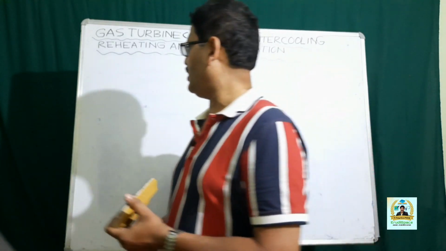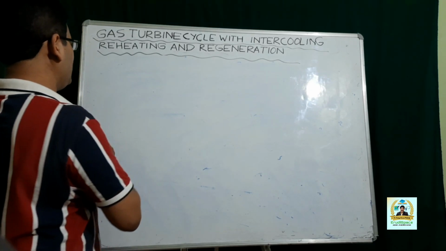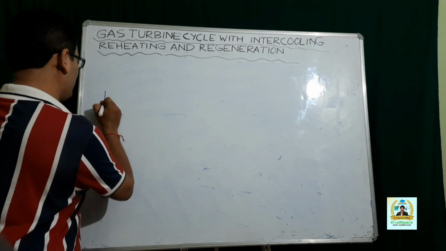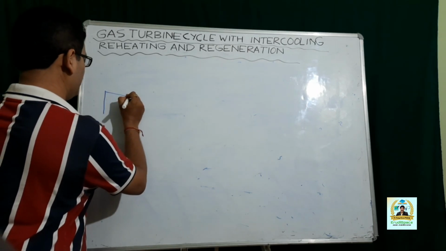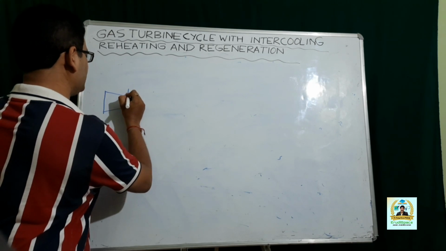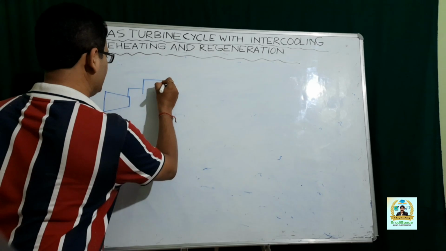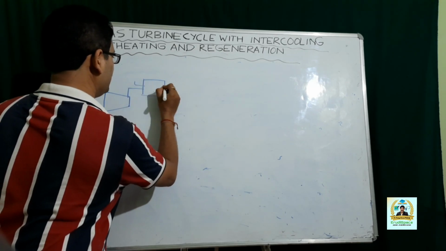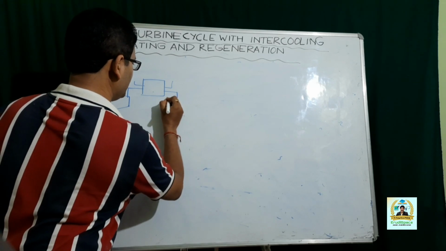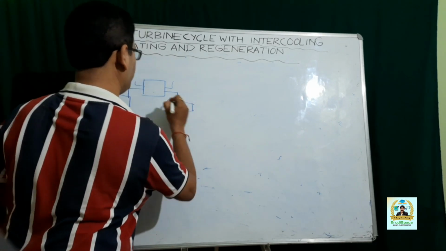So let me first draw the schematic diagram of the cycle. Here, first you have a compressor. This is known as your first stage compressor. Then it is taken to an intercooler. Then we do have the second stage compressor.